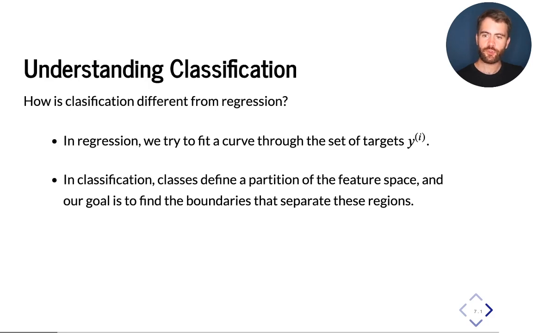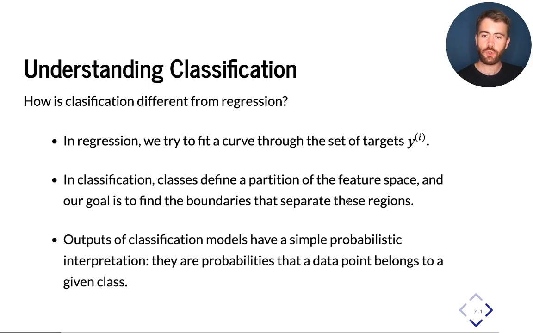We are still training models that try to match the targets on our training set, but now it's better to think about the problem that we're solving as finding a partition of the feature space, where the different classes are partitioned into different regions, and we're looking to identify the boundaries of these regions.